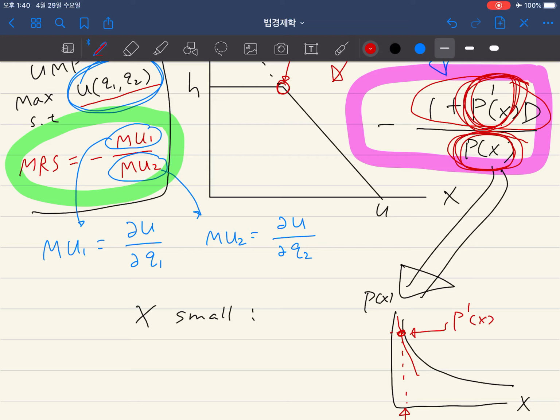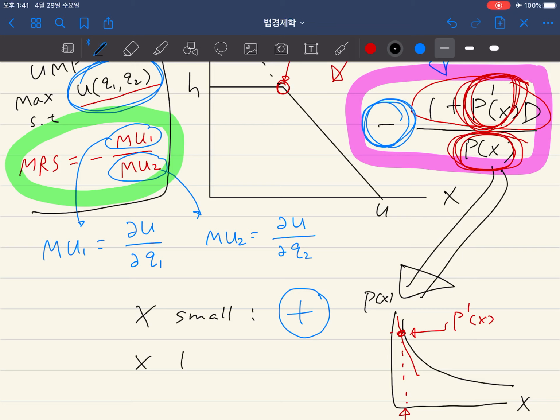So if the numerator becomes negative and denominator is positive, because of the minus sign in front of this formula, this entire expression is gonna be positive. So if x is a small number, this formula is gonna be plus. It means if we draw something like indifference curve, when x is small, slope of this indifference curve is gonna be plus.